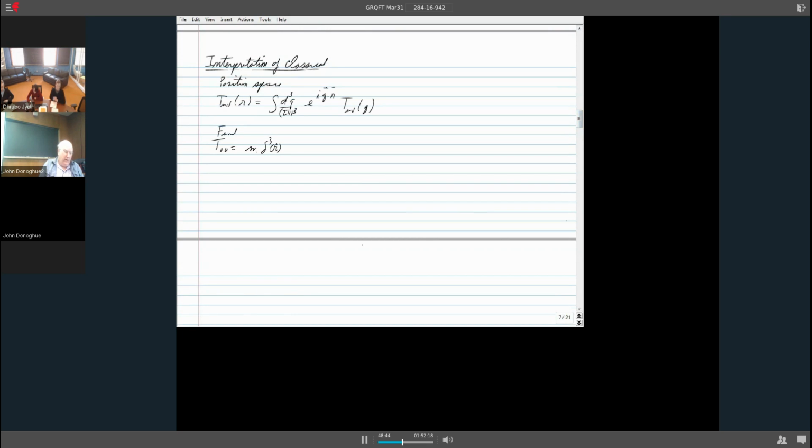Well, the piece that starts off here, T00, is just in the non-relativistic limit. These guys cancel, it's just a constant. You get T00 is M delta 3 of R. Okay, not surprising.